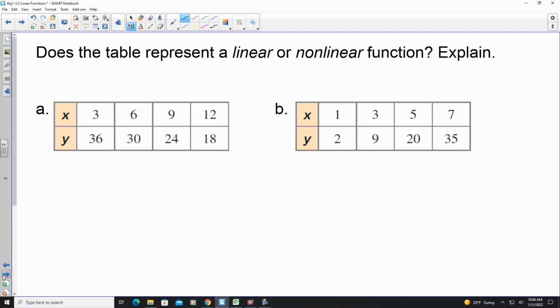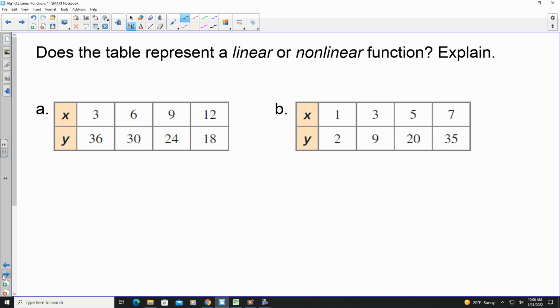with essentially like a common difference. So here's what I mean by having a common difference. In this particular example A, there is a certain pattern that goes with the x coordinates. So 3, 6, 9, 12.